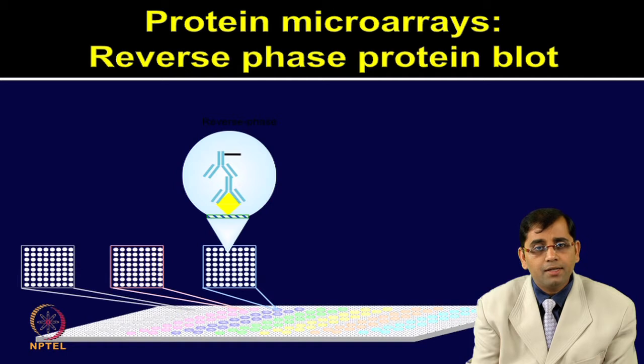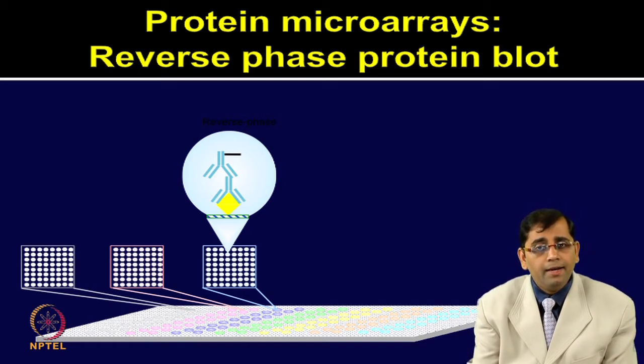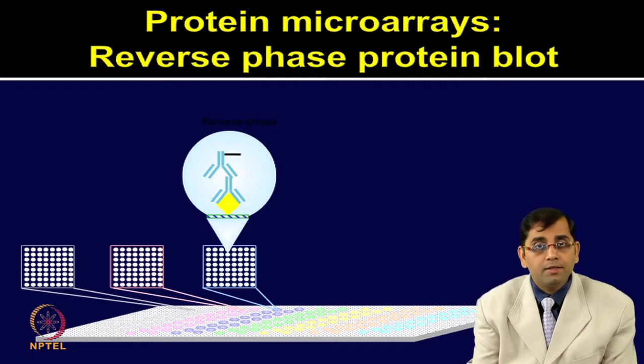All these three methods, direct labeling, sandwich immunoassays and reverse phase protein blots, rely on antibodies. However, obtaining good quality antibodies at the human proteome scale is very challenging.